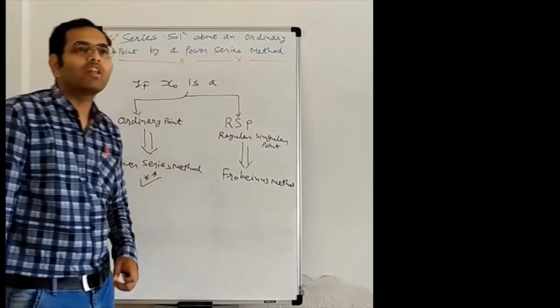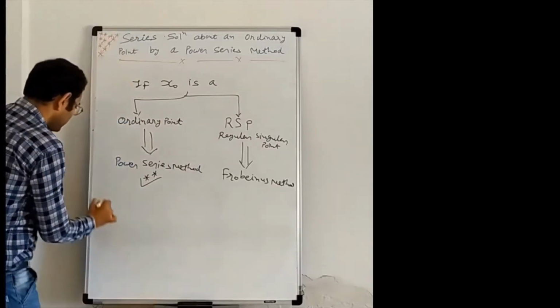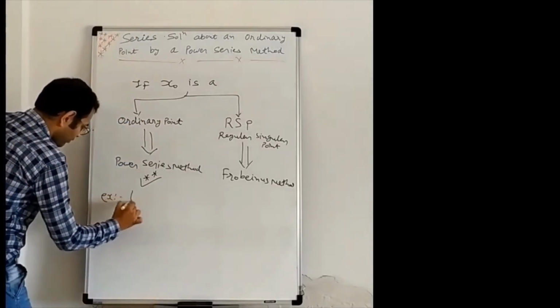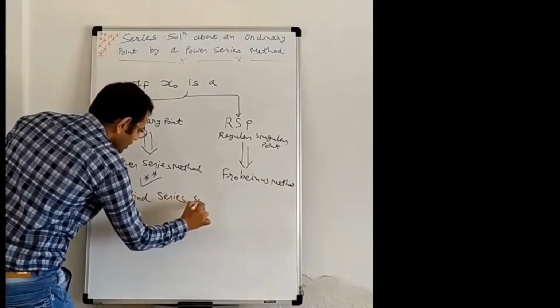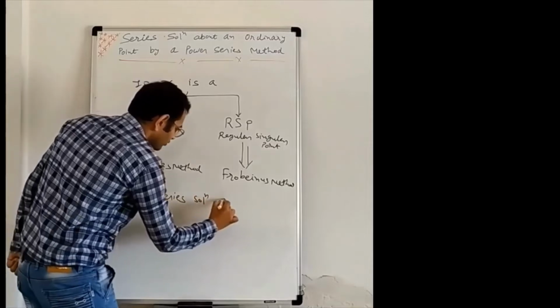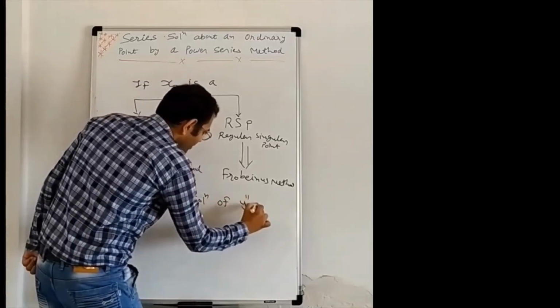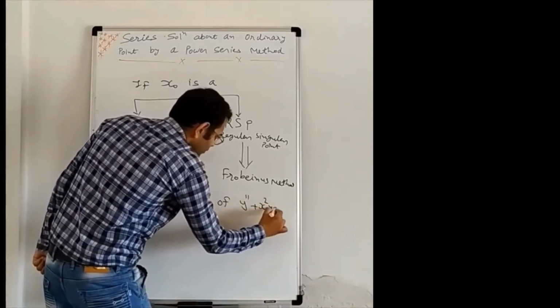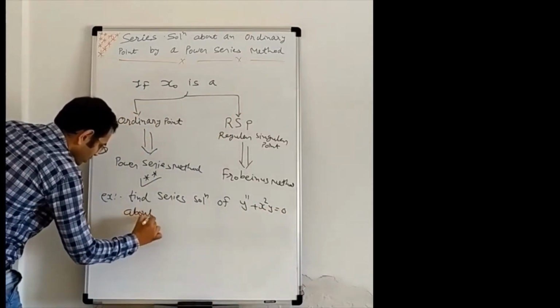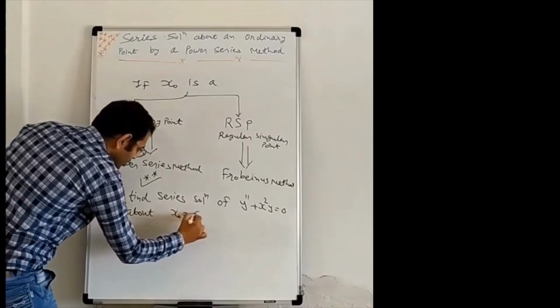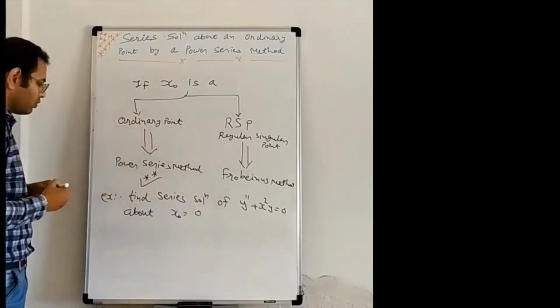Let us start with one example. Find the series solution of y double dash plus x square y equal to 0 about x0 equal to 0.